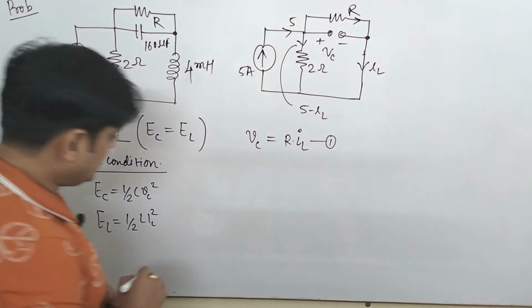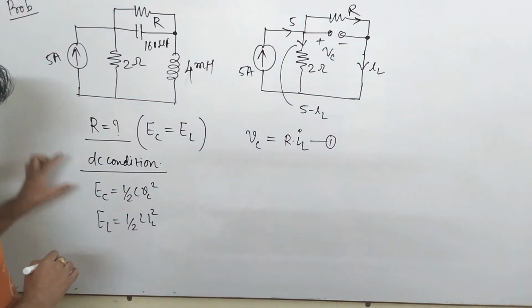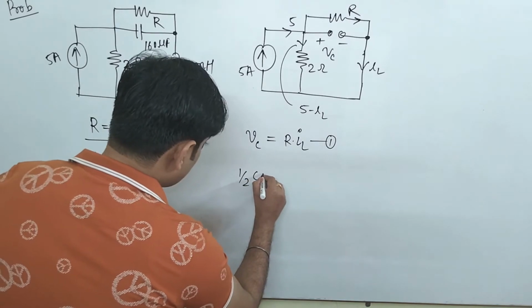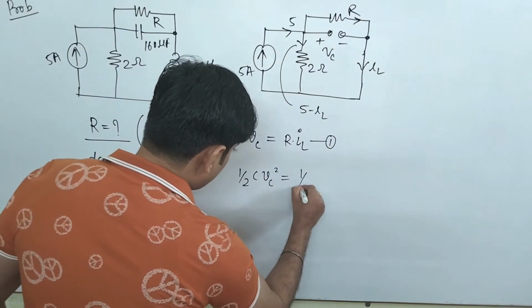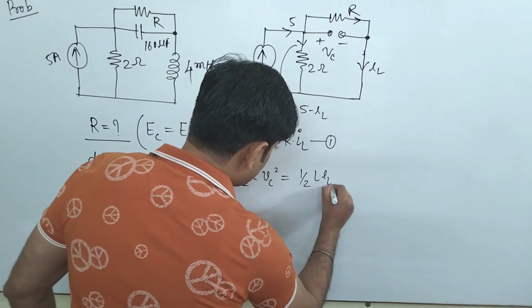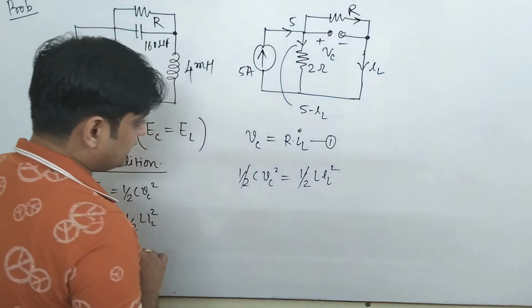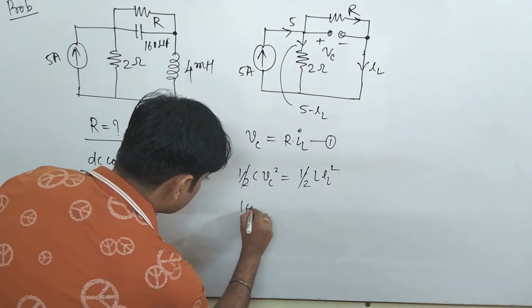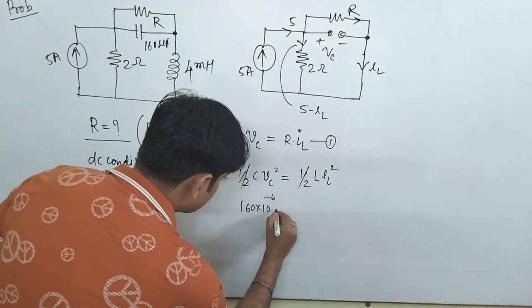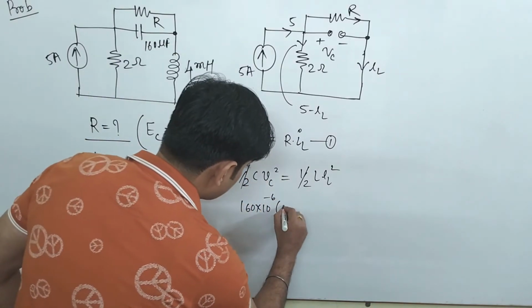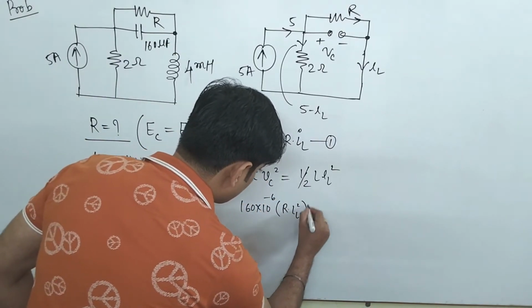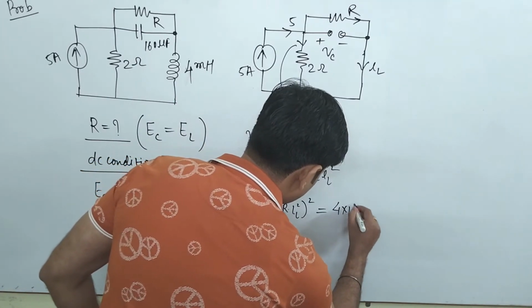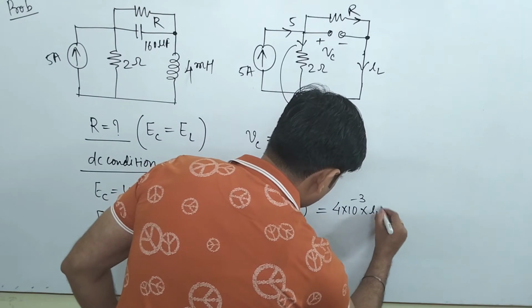Now see, if EC and EL are equal, you can say that 1 upon 2C VC square is equal to 1 upon 2L IL square. This and this get cancelled out. The value of C is 160 microfarad, that is 10 to power minus 6, into VC, which is R into IL, whole square, that is equal to the value of L, 4 millihenry, into IL square.